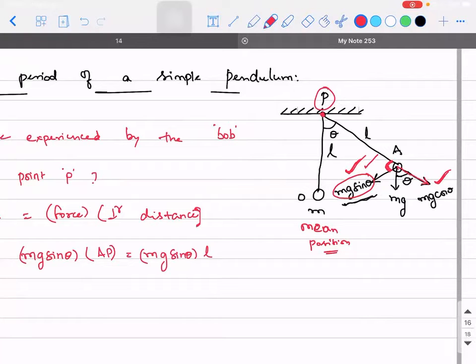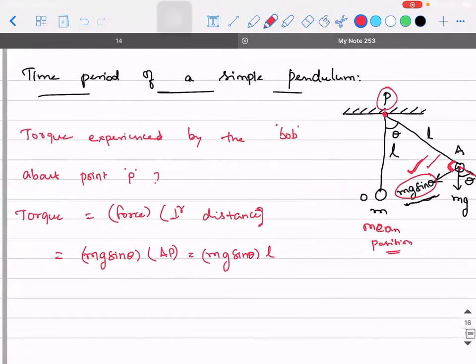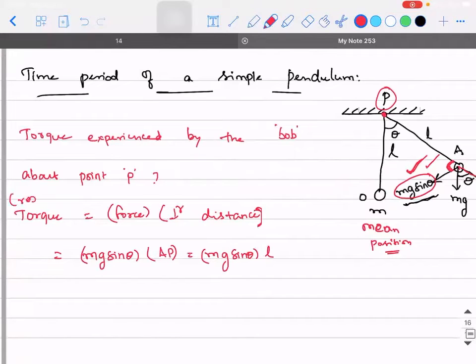Yes, sir. So this is the restoring torque that is acting on this bob, that is mg sin theta into L.